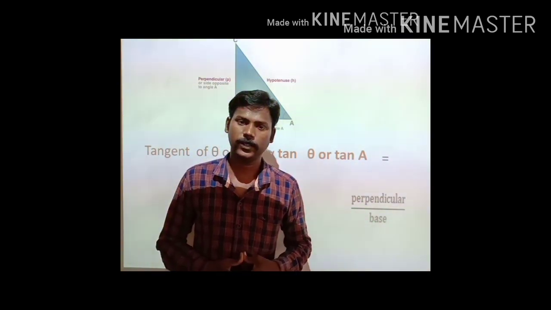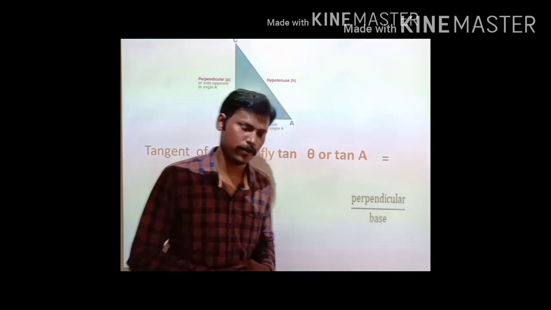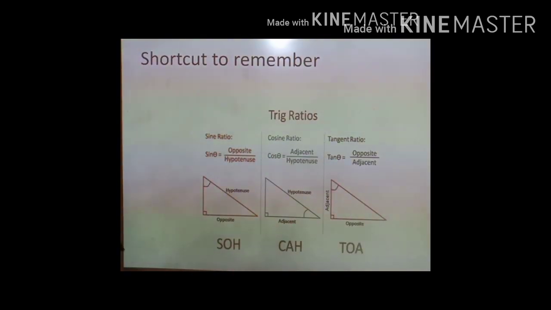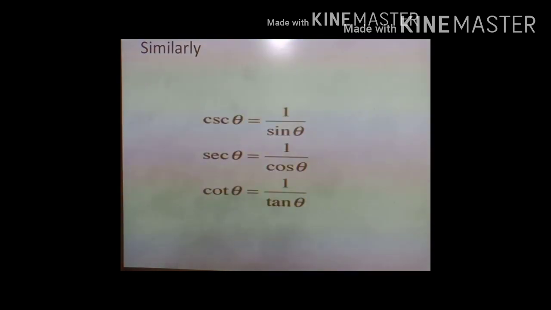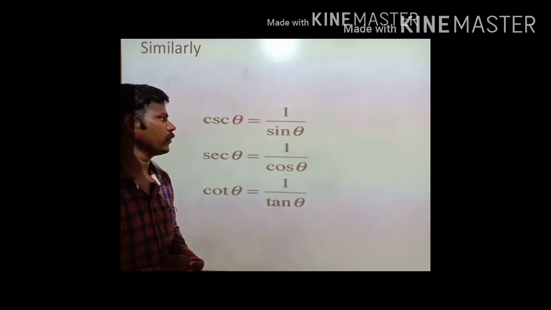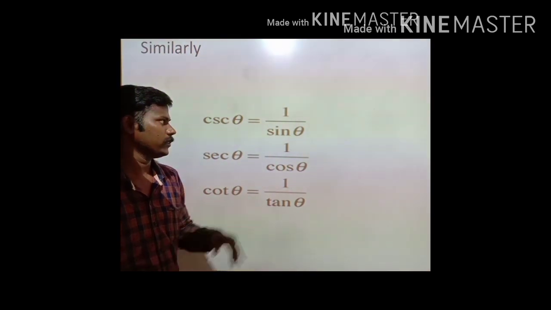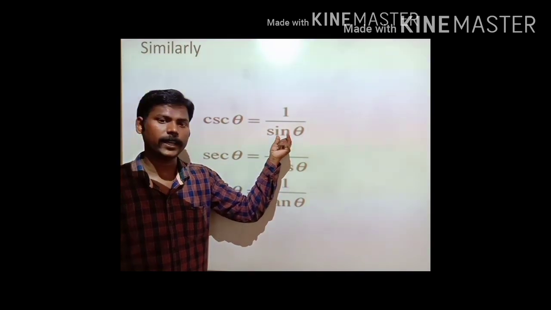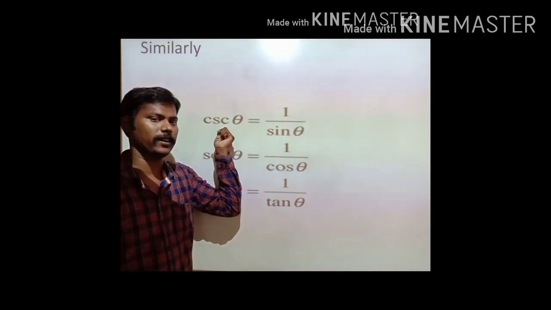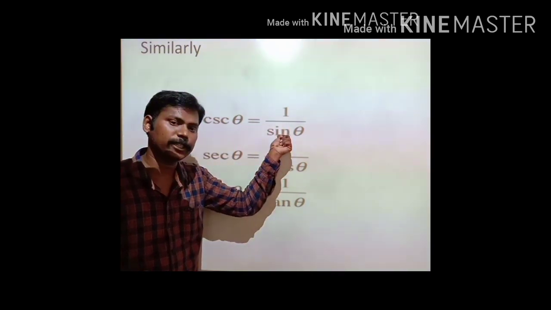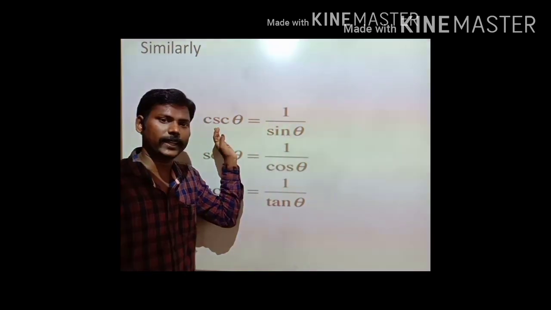What is that? Let us observe the board, children. See, cosecant theta is known as 1 by sin theta. Why? Because sin theta's reciprocal is cosecant theta.